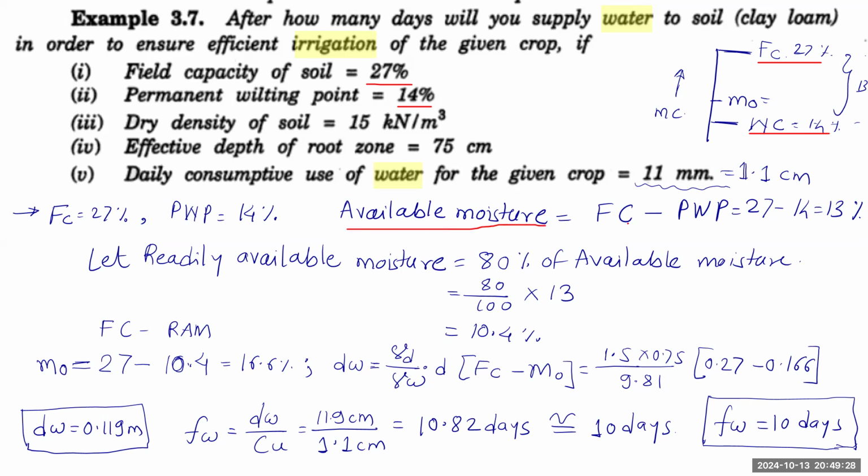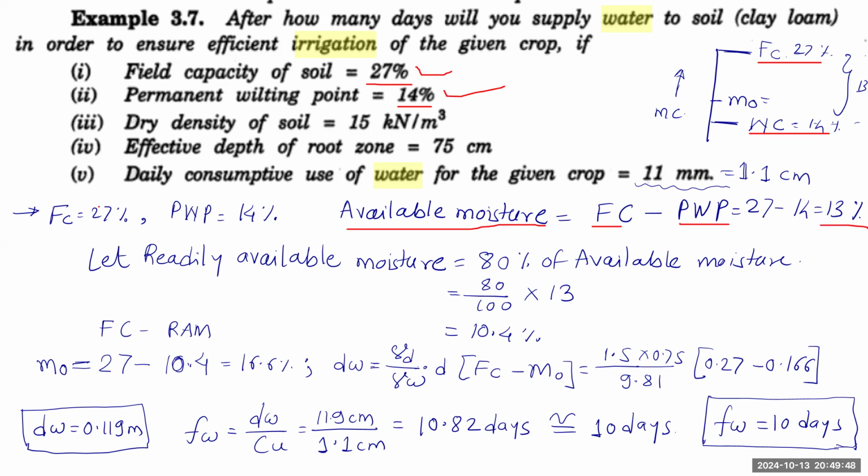Here it is worked out as field capacity minus permanent wilting point, which is also known as the wilting coefficient, so 27% minus 14%. So available moisture is 13%.